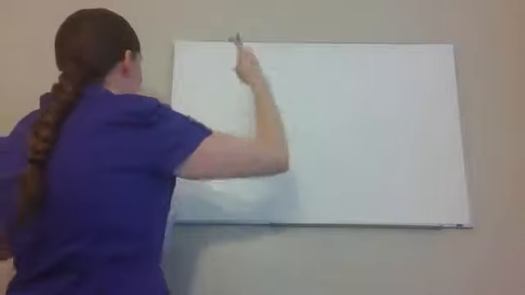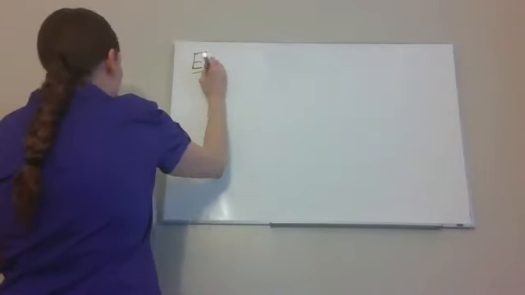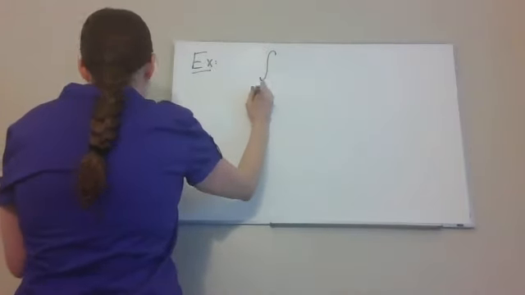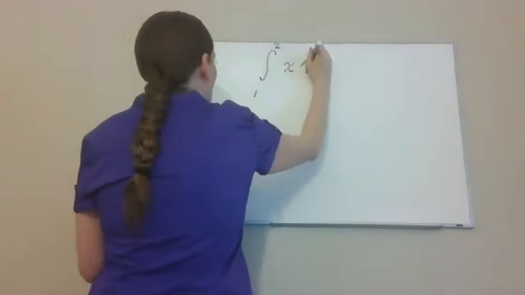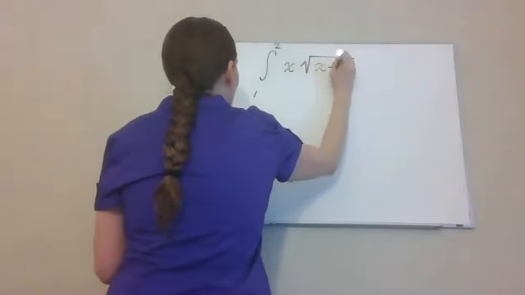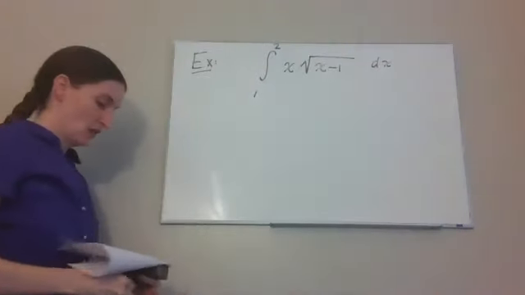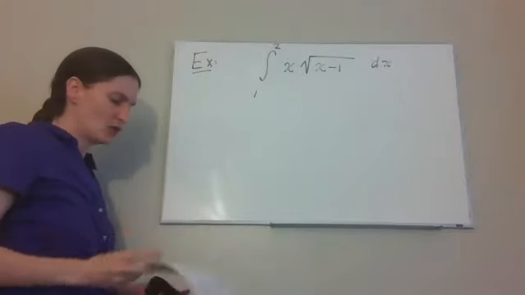Let me do another one, and this time I'm going to change my bounds of integration again. So let's evaluate the integral from 1 to 2 of x square root of x minus 1 dx. This problem is actually going to be a little bit tricky, but it's not going to be too terrible.